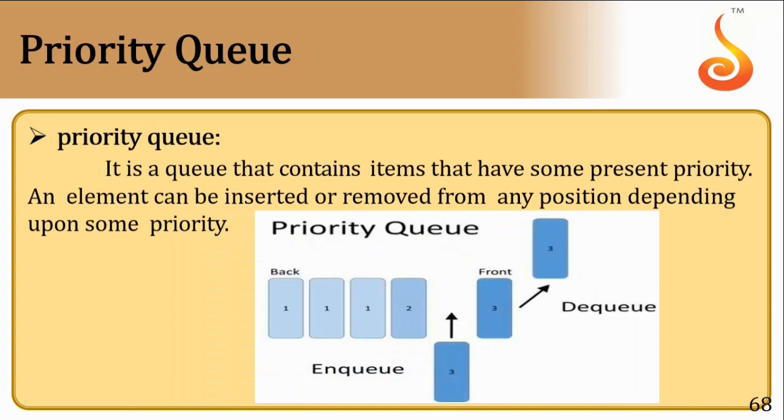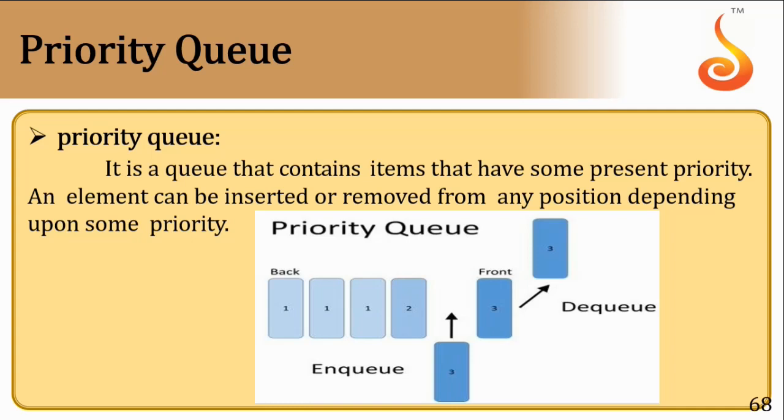The next is a priority queue. So, a priority queue. What do you mean by a priority queue? A priority queue is an extension of queue with the following properties. That is, every item has a priority associated with it.